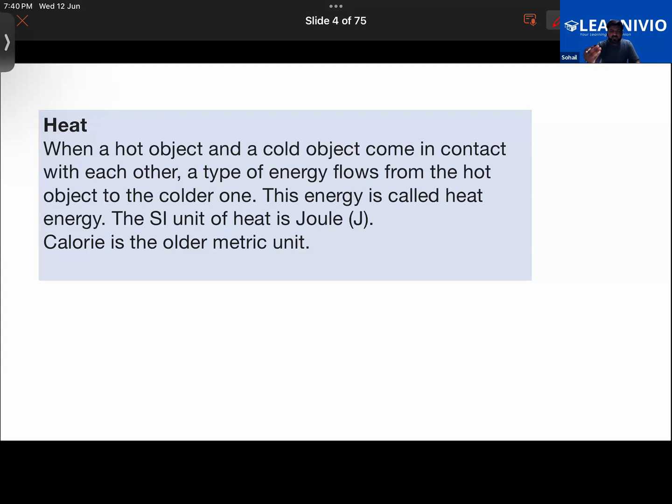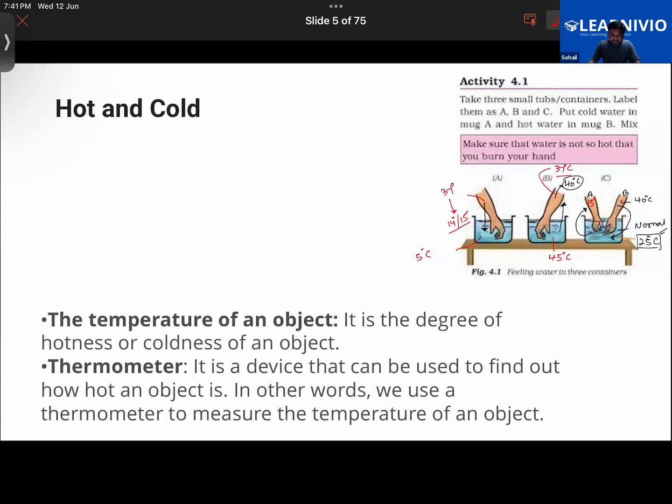Your hand is hotter than the ice cubes, so heat flows from your hand to the ice cube. This energy is called heat energy, and the SI unit of heat is joule. Earlier, it was measured in calorie. Is that clear so far? Yes, sir.